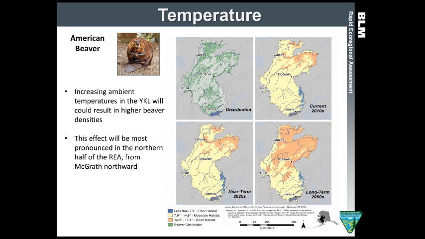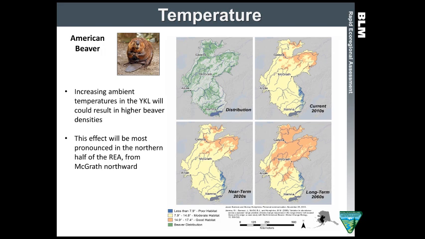We mapped the distribution, and this is work which was done by Nancy Fresco and Andy Floyd up at SNAP. The left-hand green map is the current distribution of beaver, but we looked at their distribution in contrast to these warming temperature regimes. We used that 14.8 degree temperature as a threshold where we would anticipate seeing higher beaver densities.